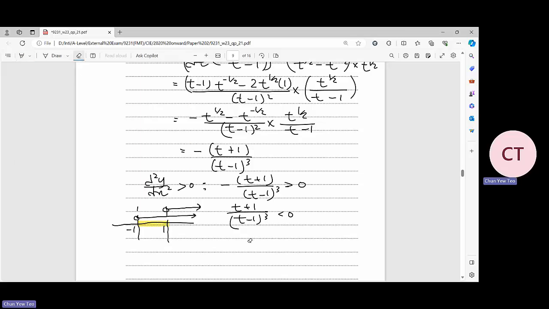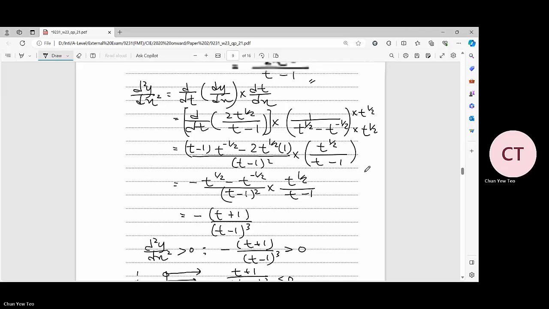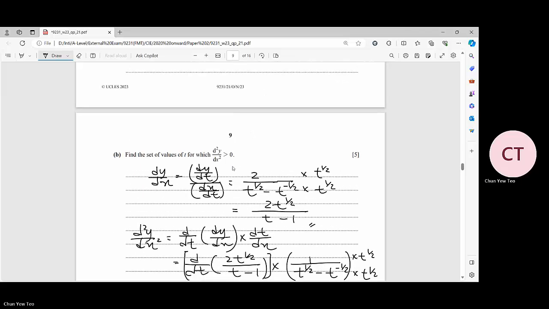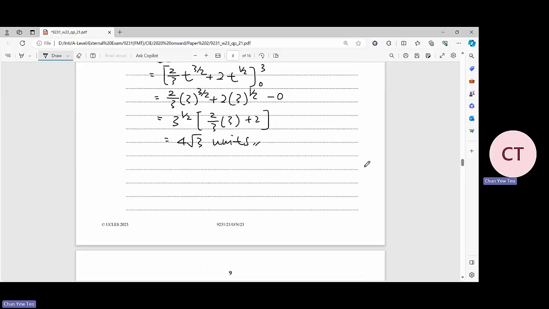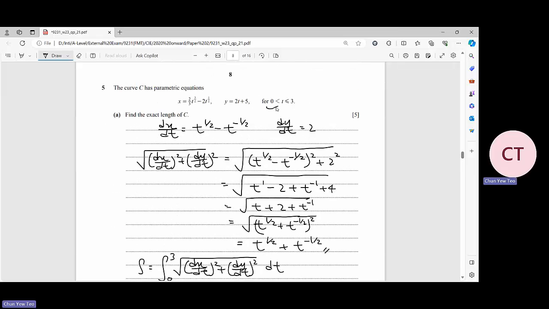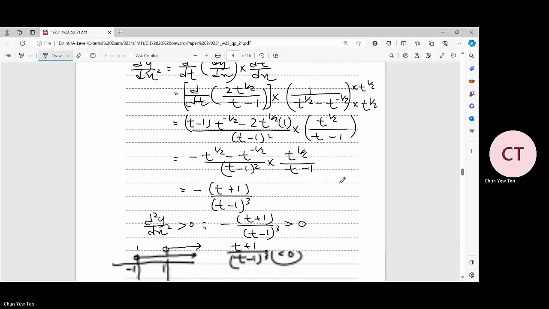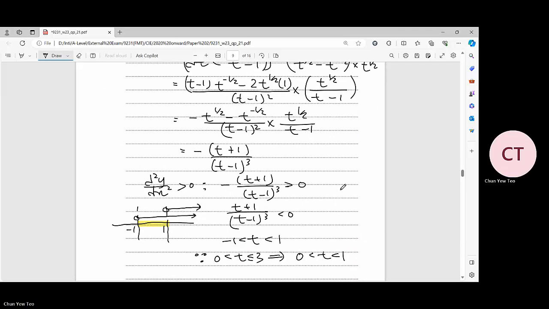So your t will be between negative 1 and 1. But because the t given in the question is from 0 to 3, therefore your t will be like this. You can see that the question is telling you that t is from 0 to 3. Okay, so your answer will be this. Done.